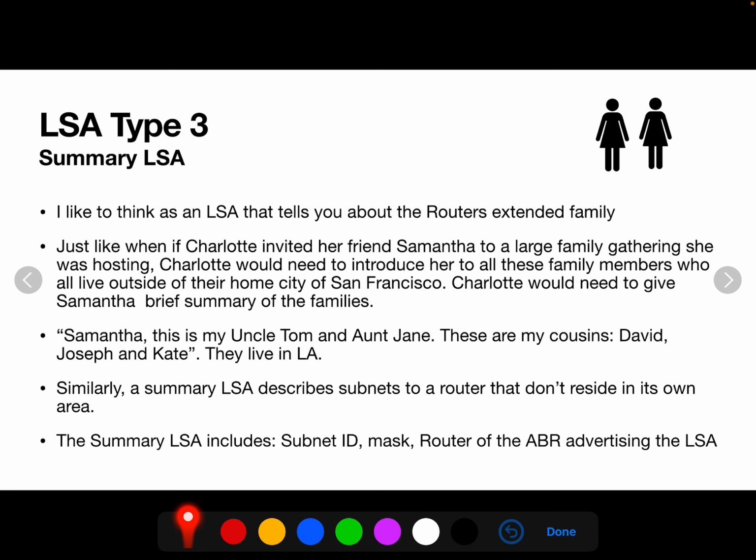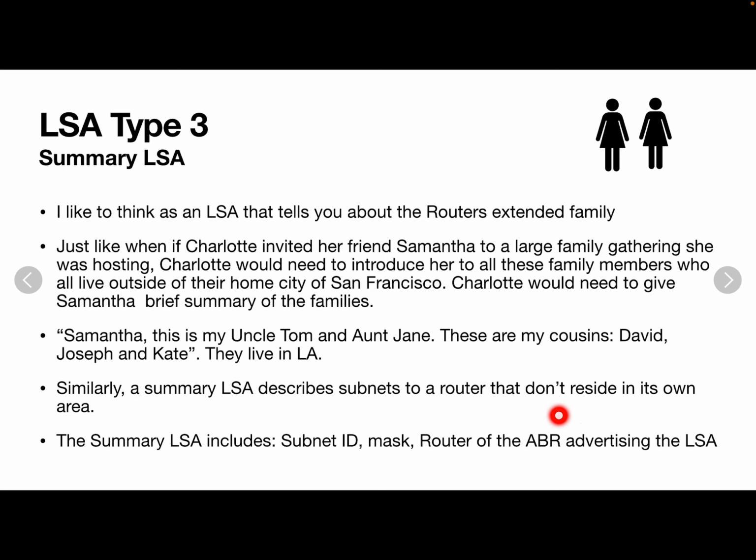But an important thing is, Charlotte in this story is like the area border router. Why? Because Charlotte is the individual who connects San Francisco and LA together. She's connecting these two areas, and her uncle Tom and Aunt Jane's family with Charlotte.